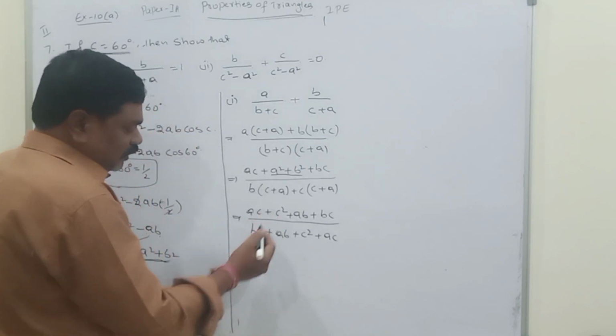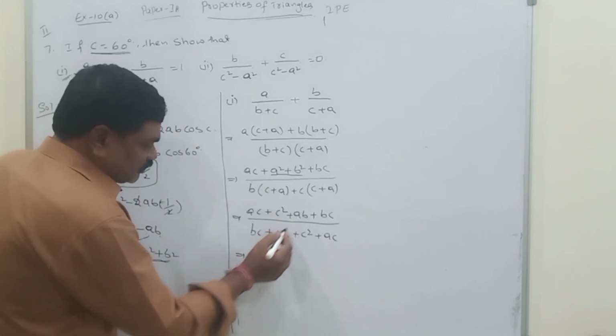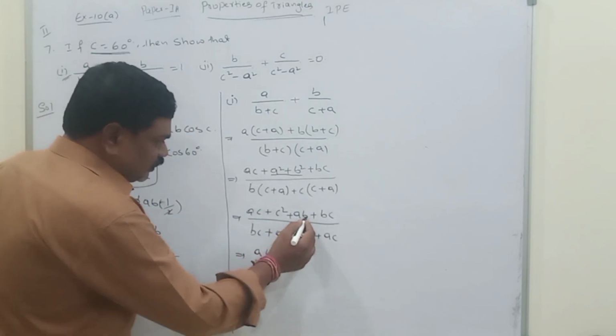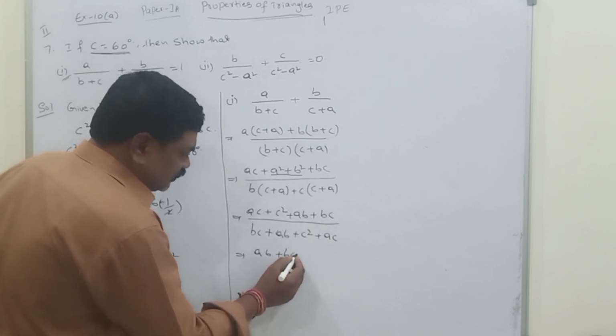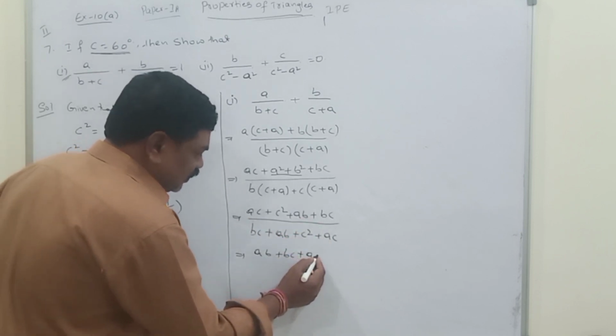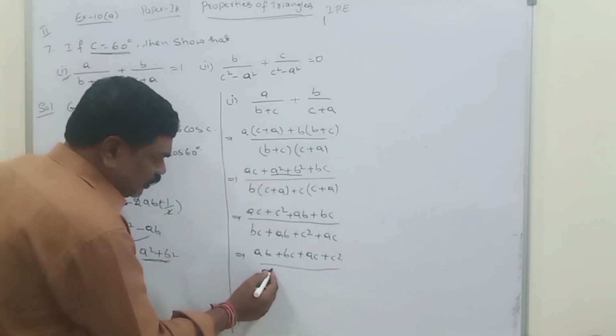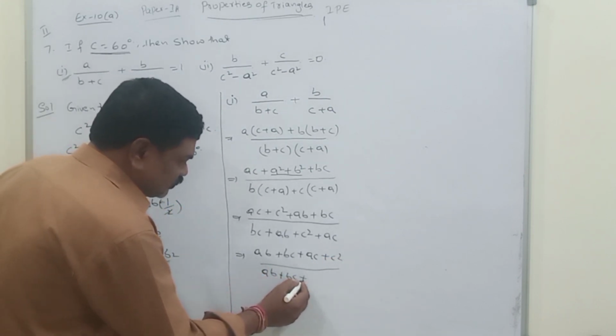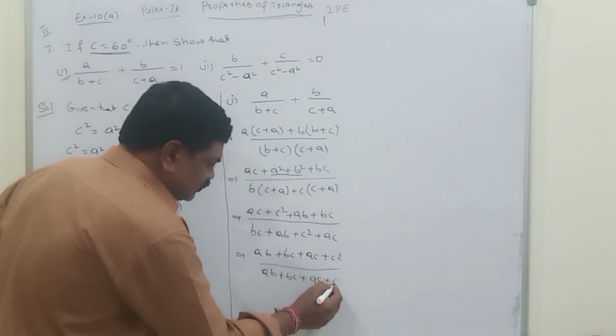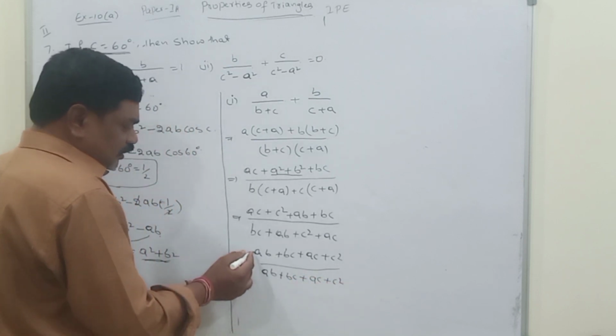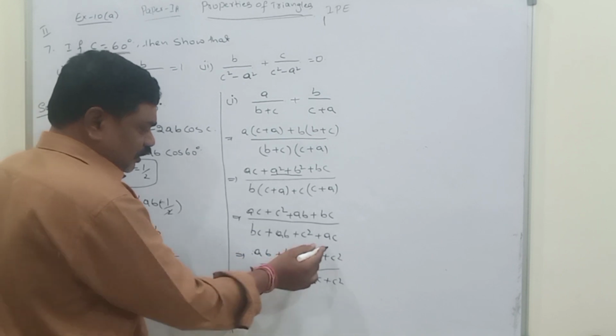You can write in order. In the numerator this is AB, next plus BC, next AC plus C square. Denominator AB plus BC plus AC plus C square. Here you observe the denominator and numerator are the same.